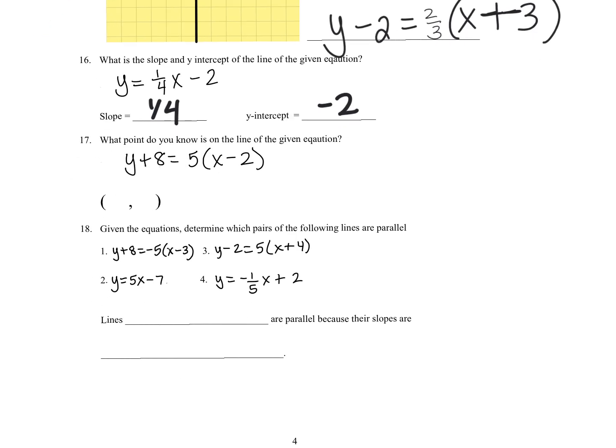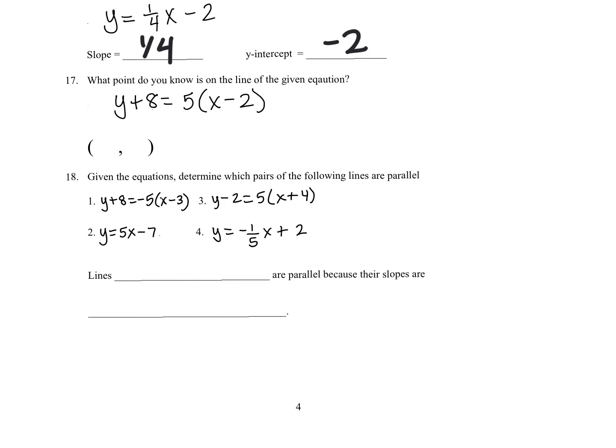All right. It says, what point do you know in this given equation? How do you figure out a point on this line just from this equation? What form is this in? Point slope form. What is this 5 right there? The slope. Does that tell you a point in any way? No. This 8 and this -2 tells me a point.